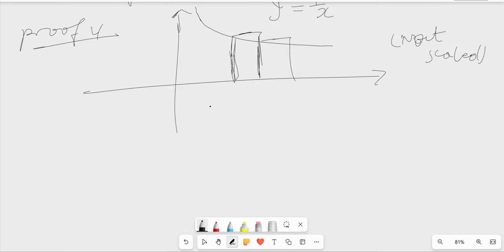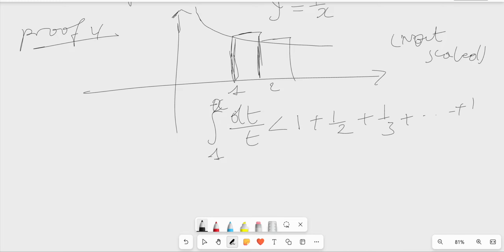But from here you can see that the area under the curve from 1 to x, the integral of dt over t, is less than the area of the rectangles, which is 1 plus 1 over 2, 1 over 3, plus, let's say, 1 over n, where we have this.